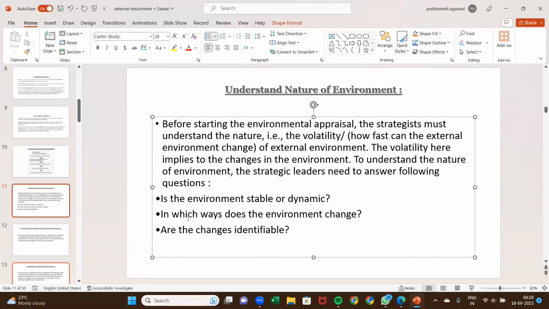And can these changes be identified, or are the changes identifiable, or I can say, can we study, I'll put it in better words, measure, can we measure the changes? All right. Okay. You followed this point? Did you follow this point?